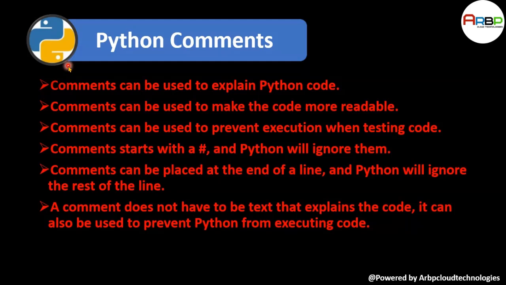This makes the code easier to understand. By using comments, it is easier to understand what the code is saying. Comments can be used to make the code more readable. It shows the logic behind writing the code. Comments can be used to prevent execution when testing the code.